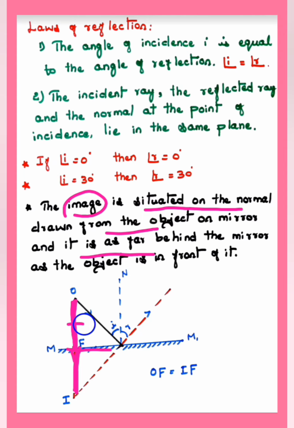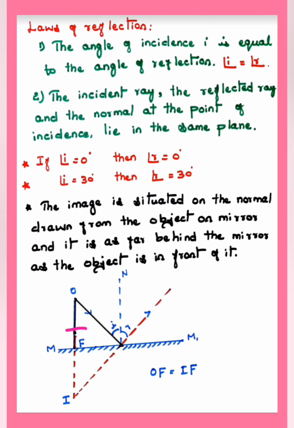If the object is at 5 meter in front of the mirror, the image also will be 5 meter behind the mirror. If it is 2 centimeter in front of the mirror, the image formed behind the mirror will also be 2 centimeter. So these two distances will be equal. OF will be equal to FI in this diagram.